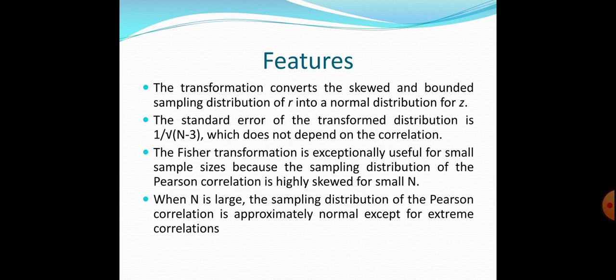The Fisher transformation is exceptionally useful for small sample sizes because the sampling distribution of the Pearson correlation is highly skewed for a small number of items. When the number of items n is large, the sampling distribution of Pearson correlation is approximately normal, as we have already stated. As the number of items increases, the normality increases, except for extreme correlations.